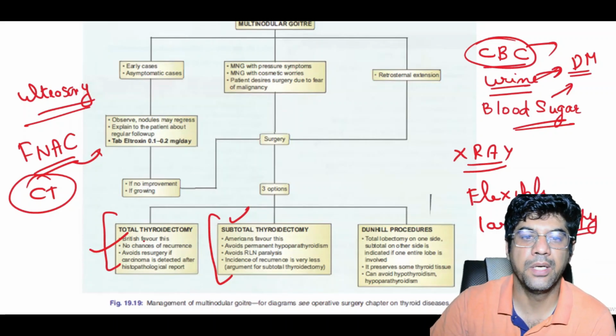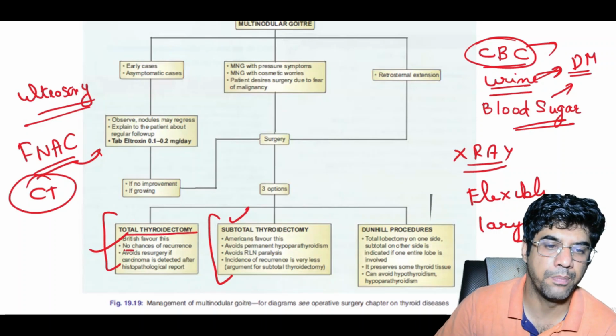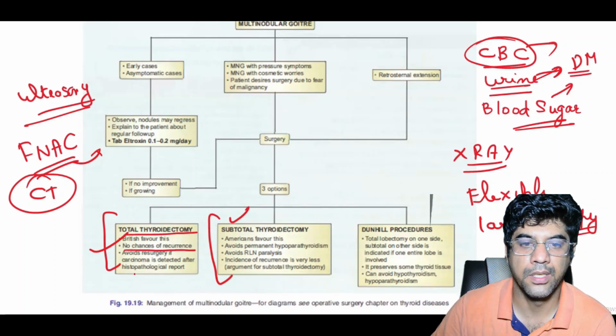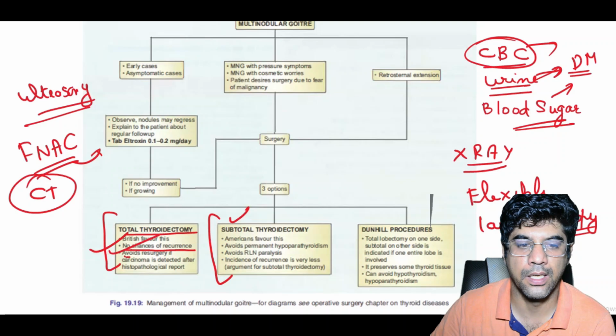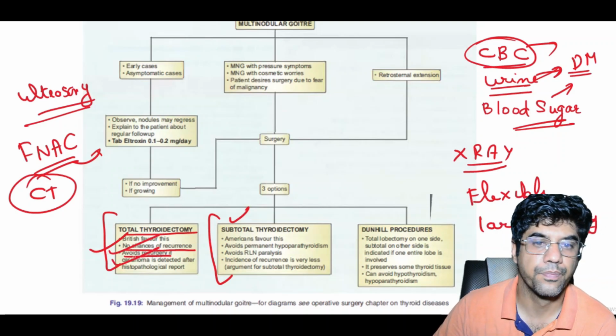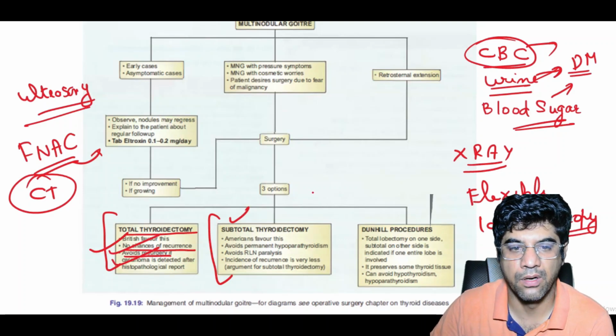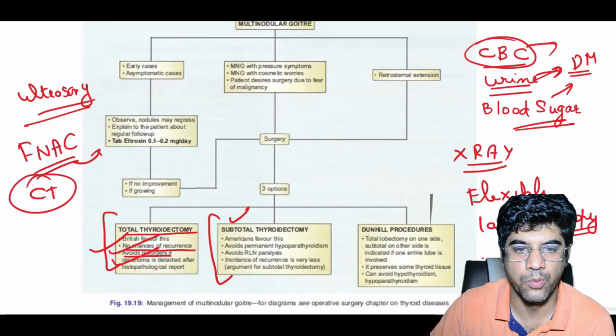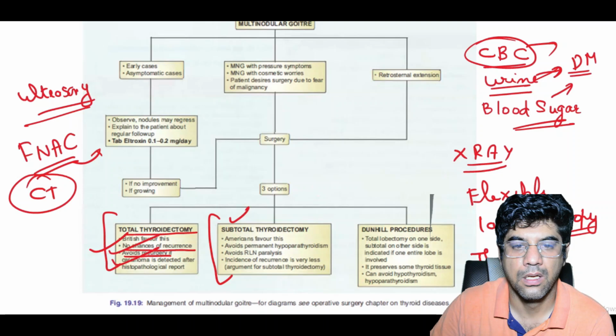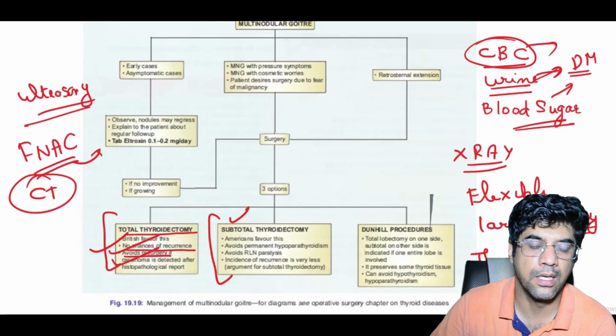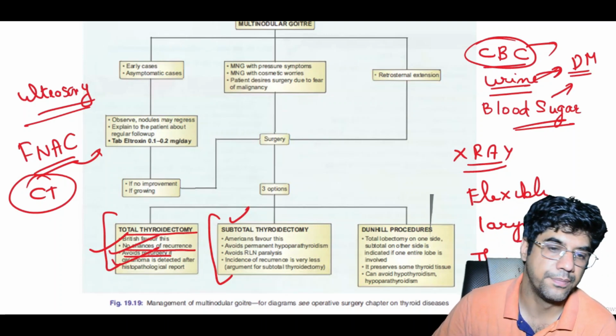Now the treatment part, remember the treatment part is a subtotal thyroidectomy, removal of parts of the thyroid lobes. So here parts of the thyroid lobes are removed, leaving a small amount of tissue near the tracheoesophageal groove in order to protect the recurrent laryngeal nerve.